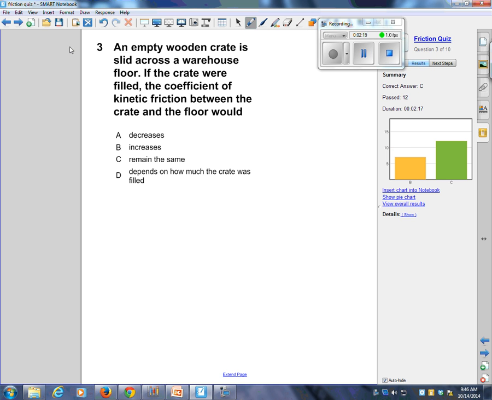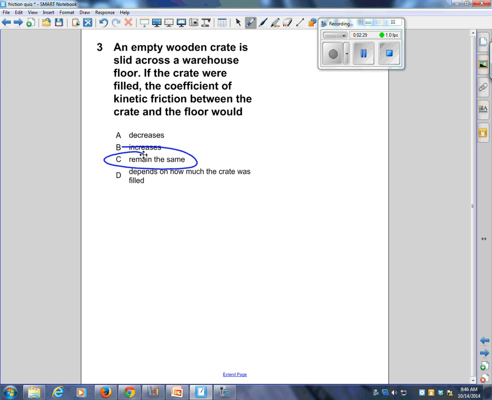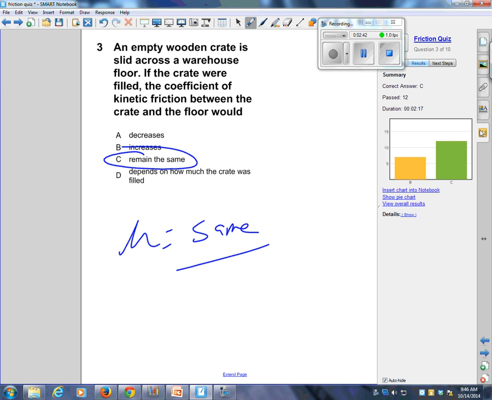Okay, an empty wooden crate is slid across the warehouse floor. If the crate were filled, the coefficient of kinetic friction between the floor and the crate would remain the same. The mu values always stay the same. You cannot change the mu value unless you change the surface, like lubricating it or sanding it down. When you fill it, what do you actually change?